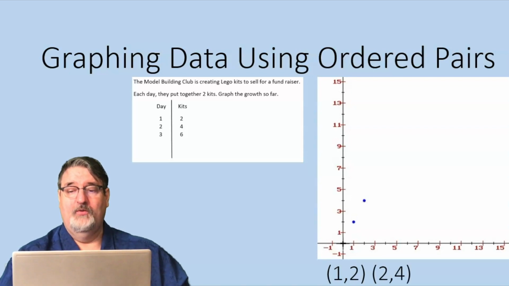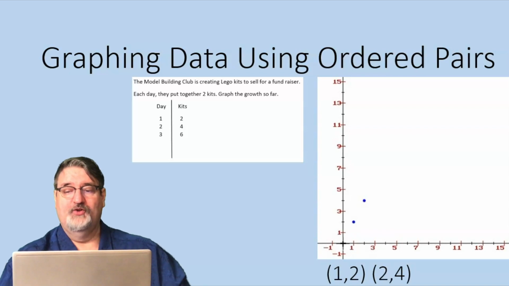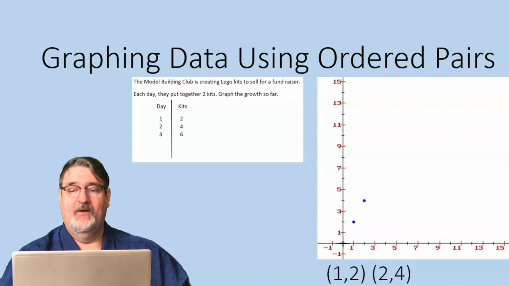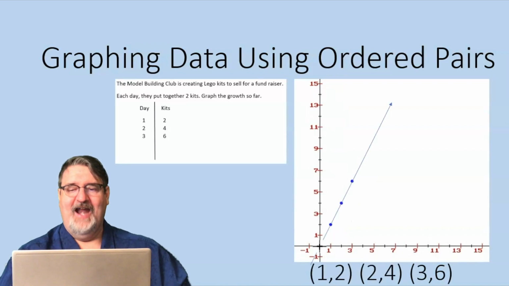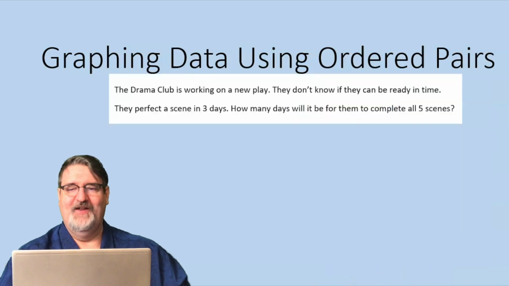On day 2, we went over 2 to the right, and we go up 4. For day 3, we go over to the right to the 3, and we go up to the 6. At this point, we can tell it's collinear because those 3 points all line up on this line right here. So we can see there's a correlation there.